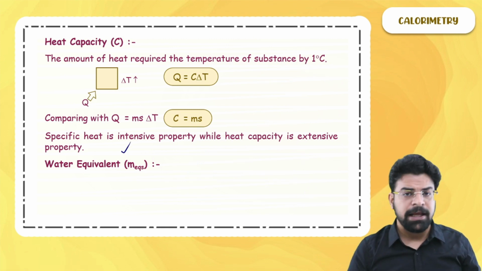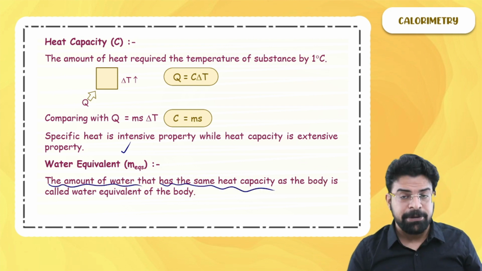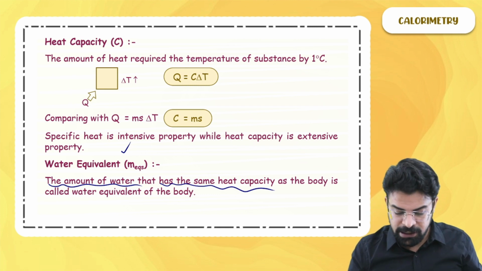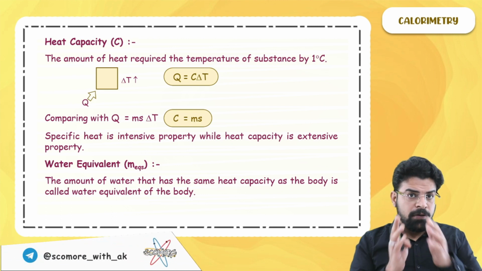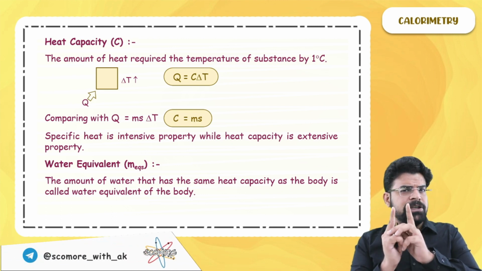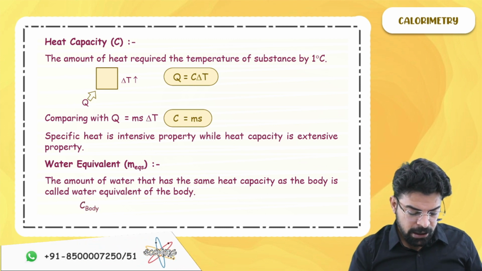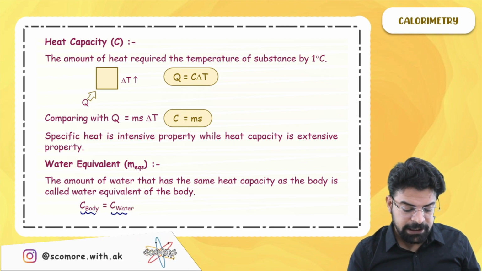So what is water equivalent? The amount of water that has the same heat capacity, which shows the same rise in temperature on providing the same amount of heat as the body, is called the water equivalent of the body. So the heat capacity of the body has to equal the heat capacity of water.